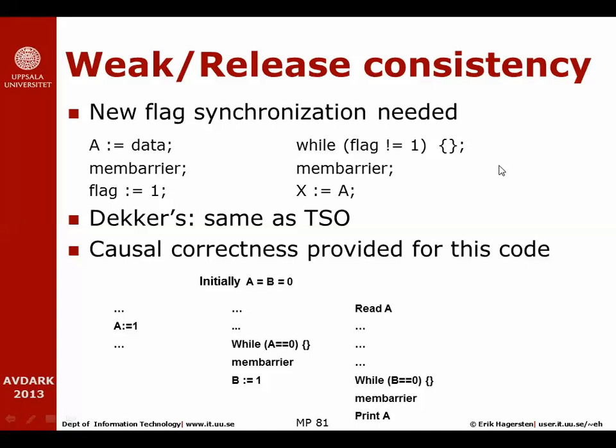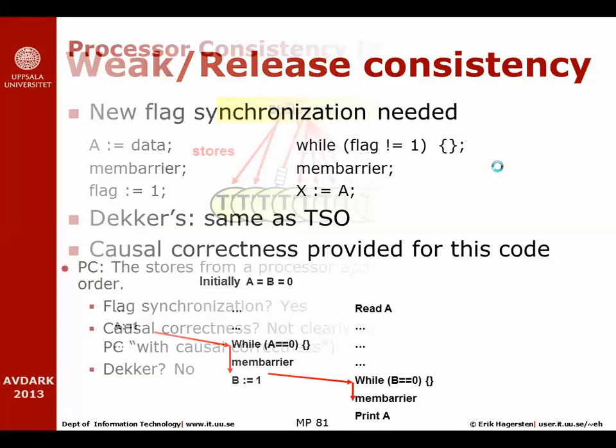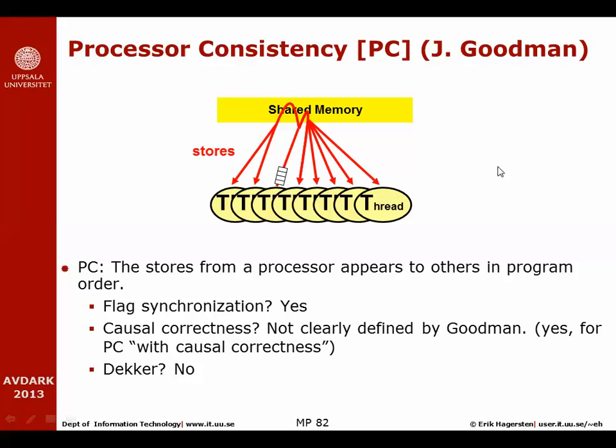Let's look at yet another programming model. This is the last one we're going to look at, and it's something called processor consistency, which was defined by Jim Goodman, the first person with the snoopy protocol. Processor consistency, or PC for short, is like a special case of total store order.